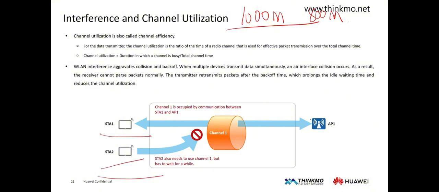See, this phenomenon might not be noticeable during your daily work because the waiting time is very short, usually on the microsecond level. That is to say, 10 to the power of -6 seconds. So for us, it's almost imperceptible.